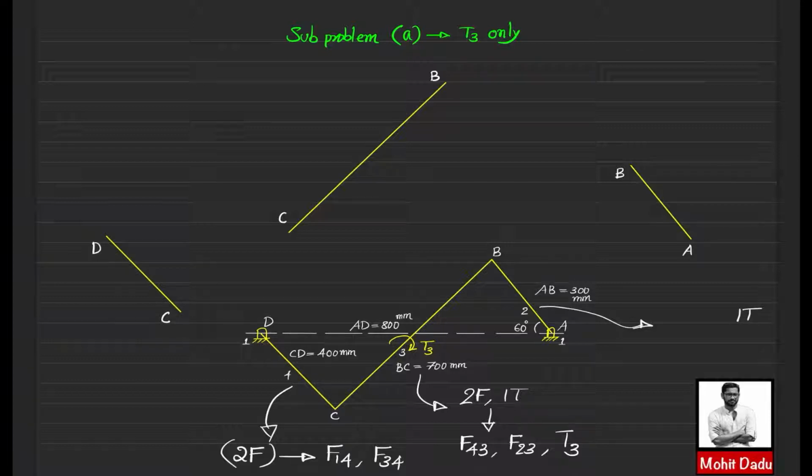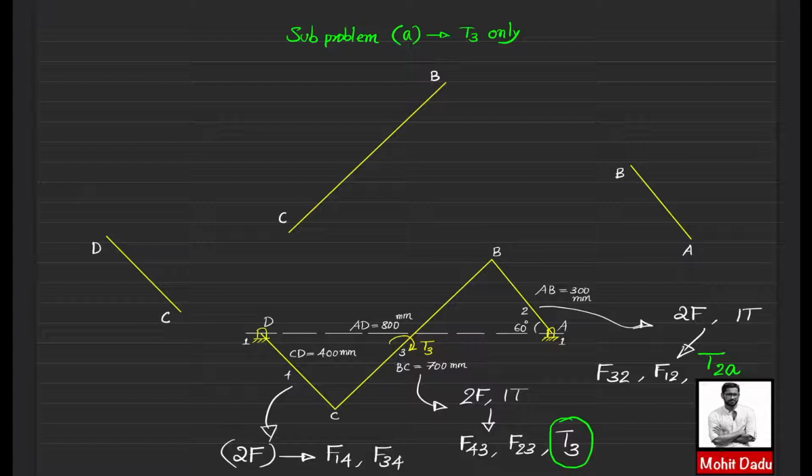Forces come only from the neighboring links, link 1 and link 3. So this will also be a 2-force and 1-torque member, with forces F32, exerted by 3 on 2, and F12, exerted by 1 on 2, and the torque to be evaluated, which I name the torque applied on link 2 for sub problem A, T2A. We have to evaluate this, where T3 is the external torque whose magnitude is given.